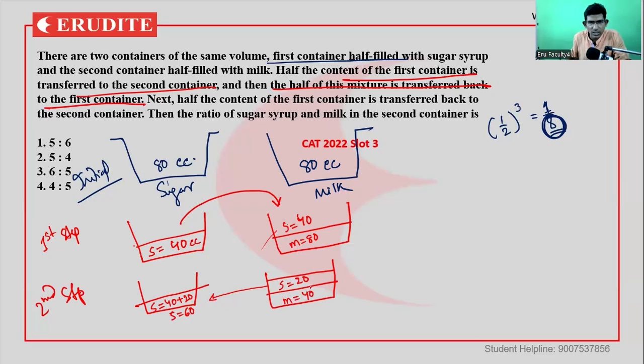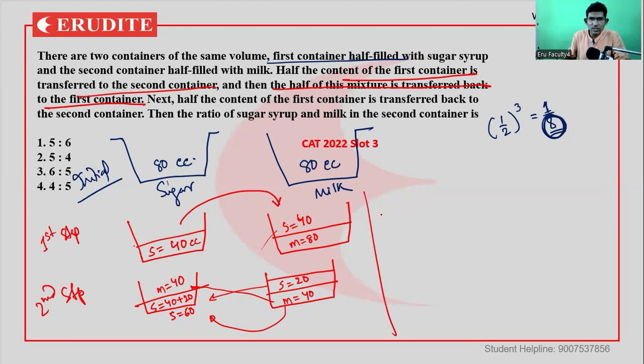So milk is 40, milk will remain 40, and the remaining 40 will shift to the first beaker. When you take out half of this, half of every component will also shift, in equal ratio. That's the simple logic.